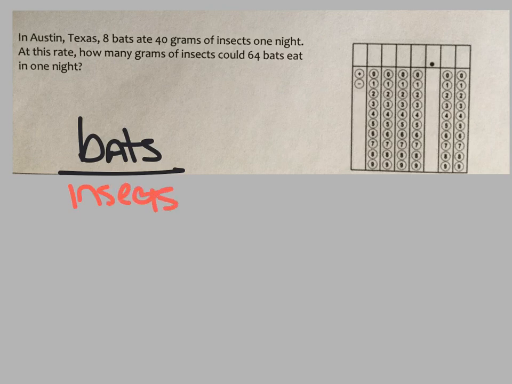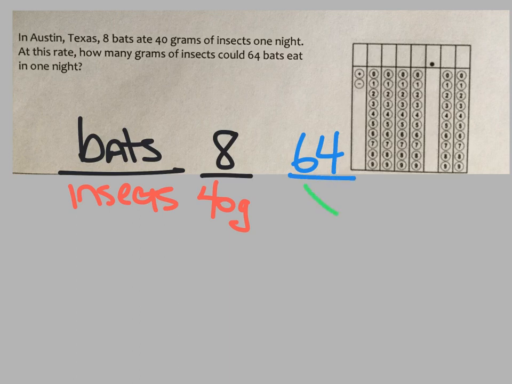The bats and the insects. 8 bats ate 40 grams of insects. So if I had 64 bats, how many grams of insects would those 64 bats eat?